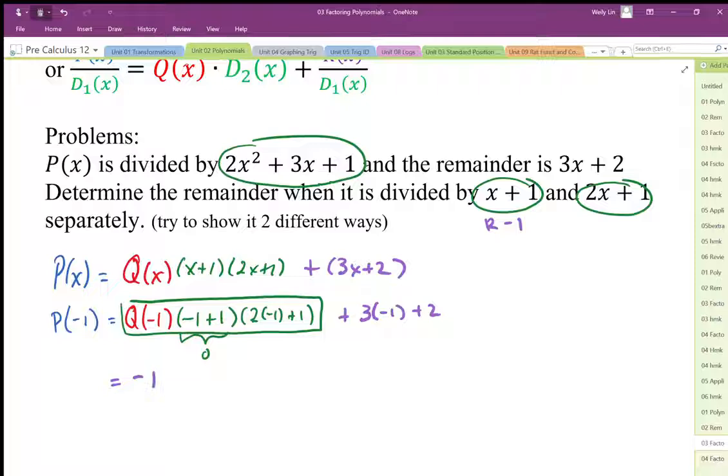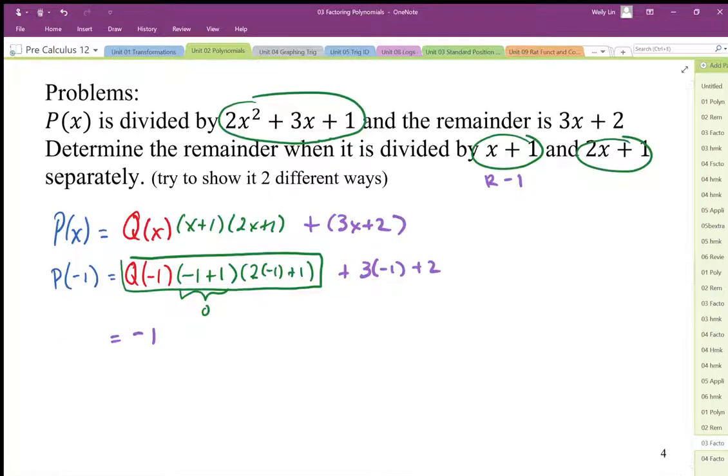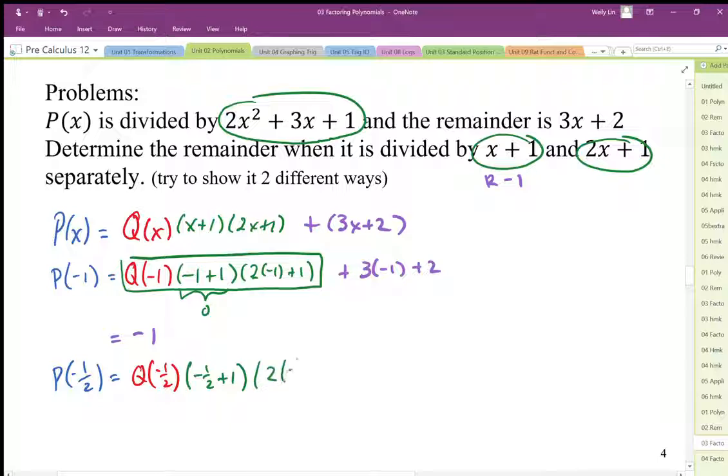When I divide by 2x plus 1, I'm going to be plugging in negative 1/2. And again, I don't know what q of negative 1/2 is. That's unknown to me. But when I plug it into here, I now generate a 0.